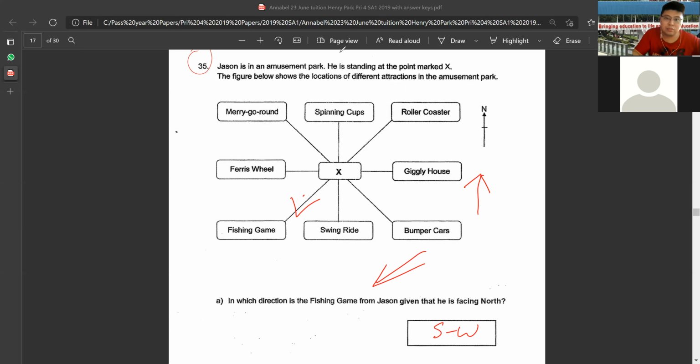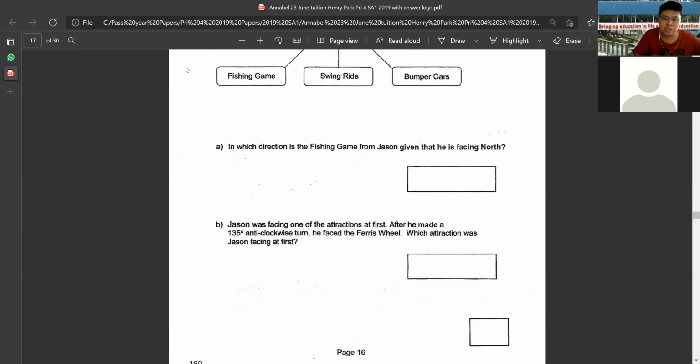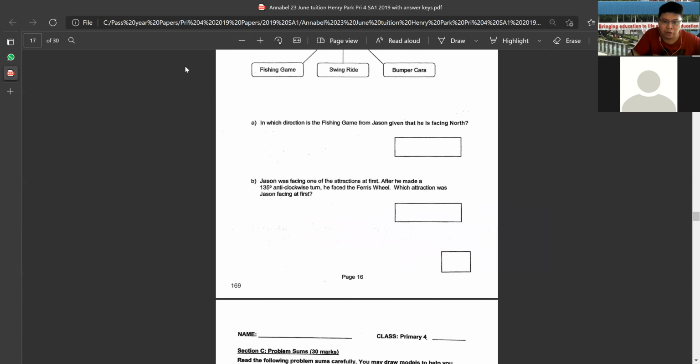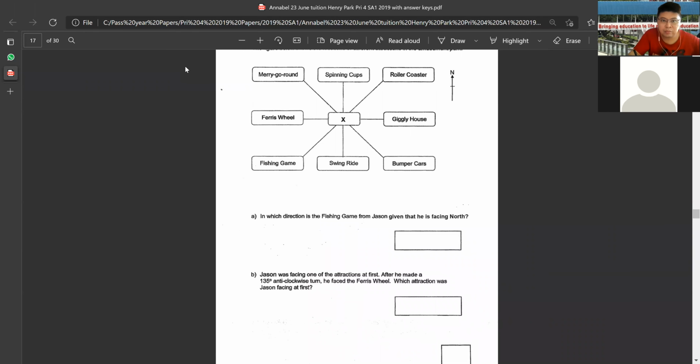You know why? Jason was facing one of the attractions at first. After he made a 135 degrees turn anti-clockwise, he faced the Ferris wheel. So he's facing the Ferris wheel now.